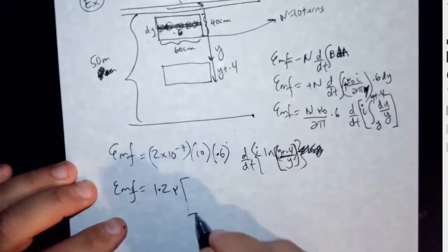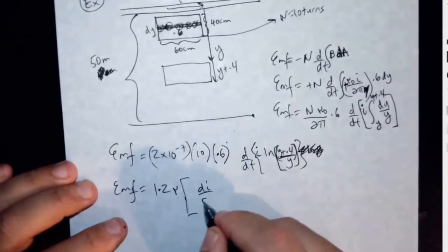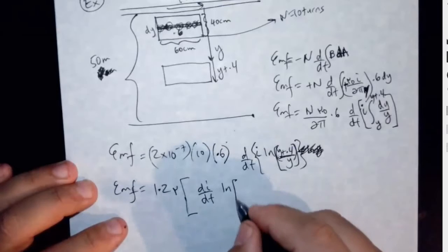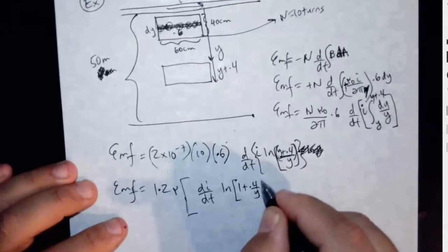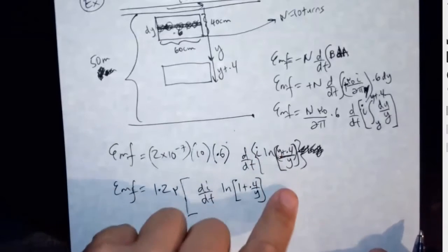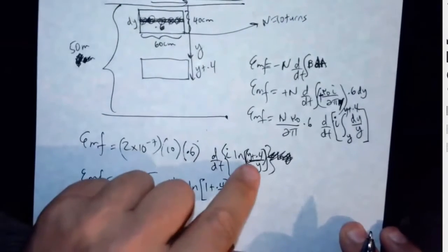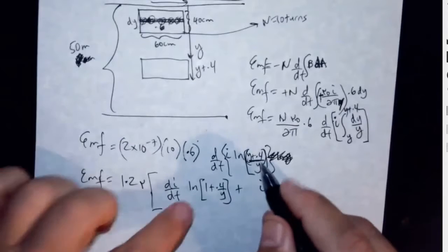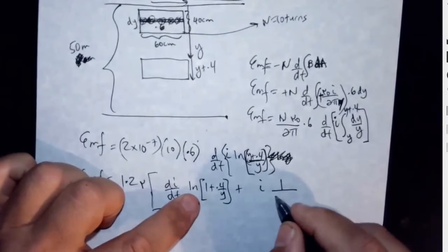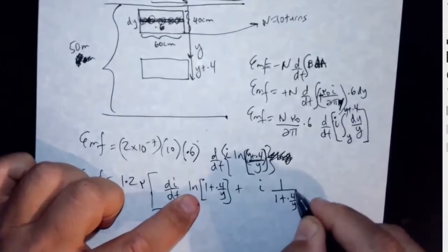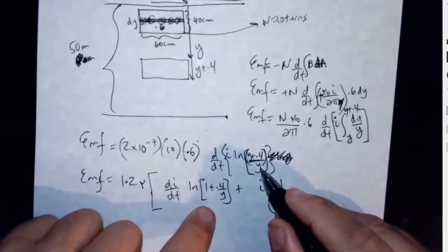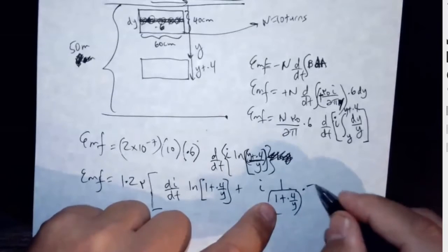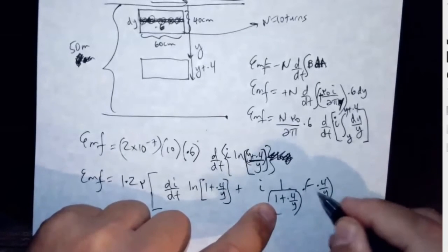And then the derivative of I, di dt, times ln of 1 plus 0.4 over y, plus I times the derivative of ln, which is 1 over 1 plus 0.4 over y, times the derivative of this, which is going to be negative 0.4 over y times dy dt.